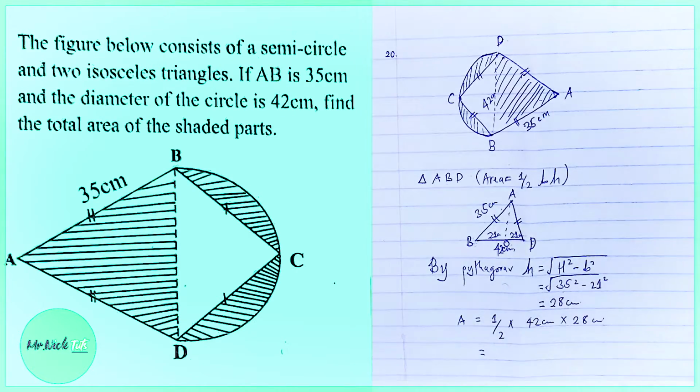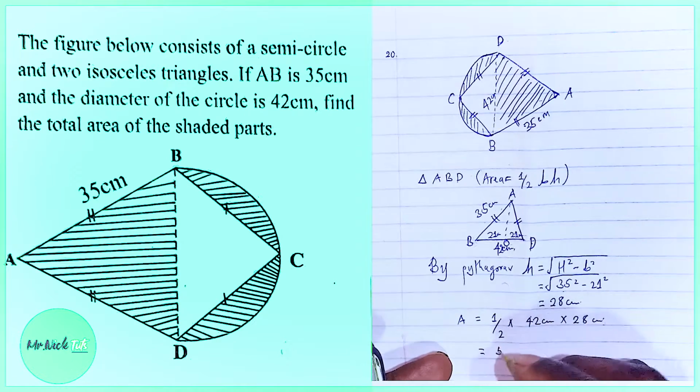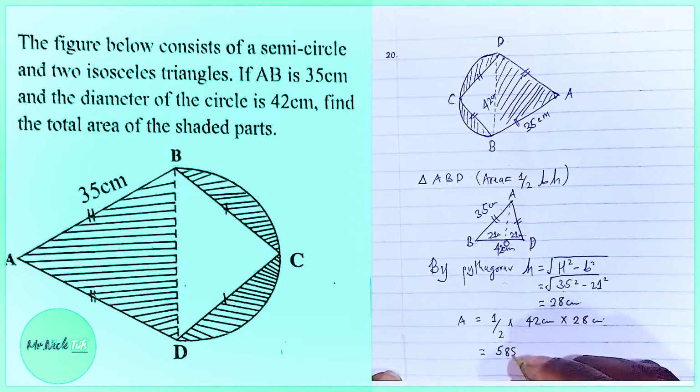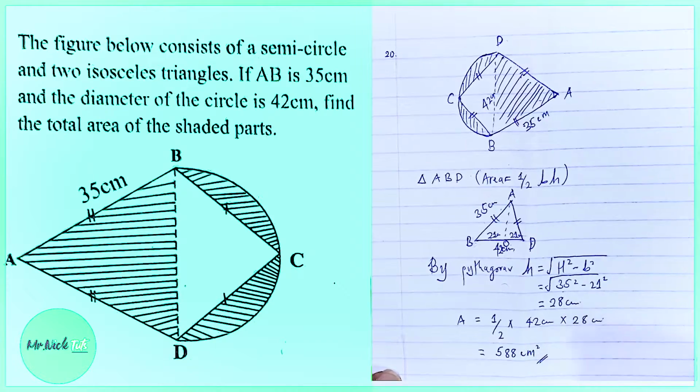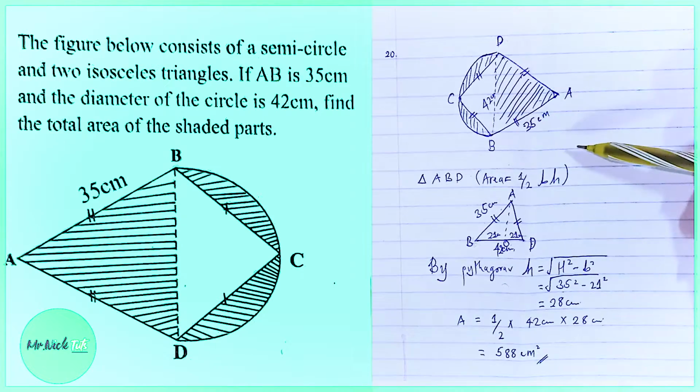And this should give us our area. This will give us an area of 588 square centimeters. So this will be the area of the triangle ABD.